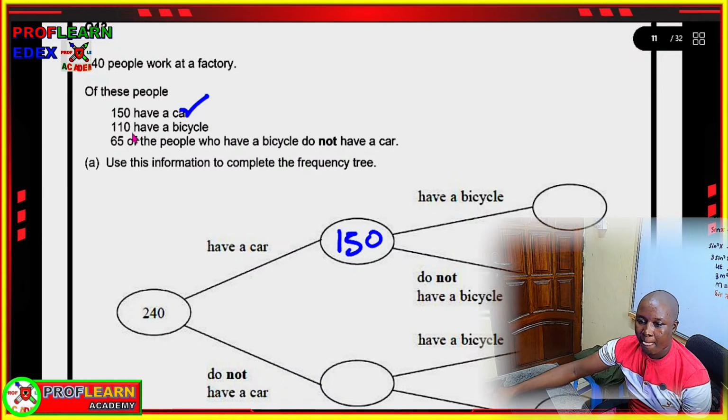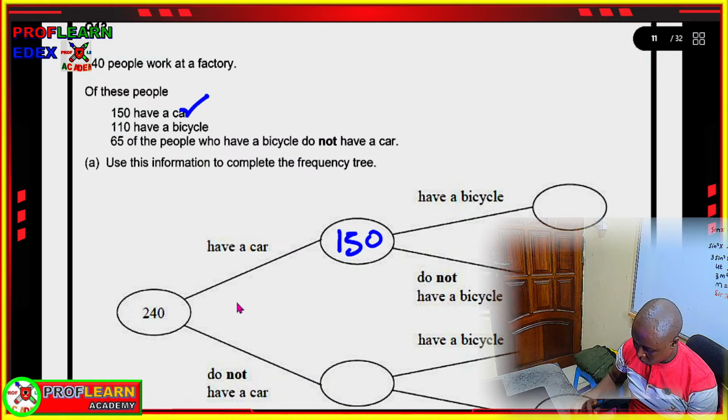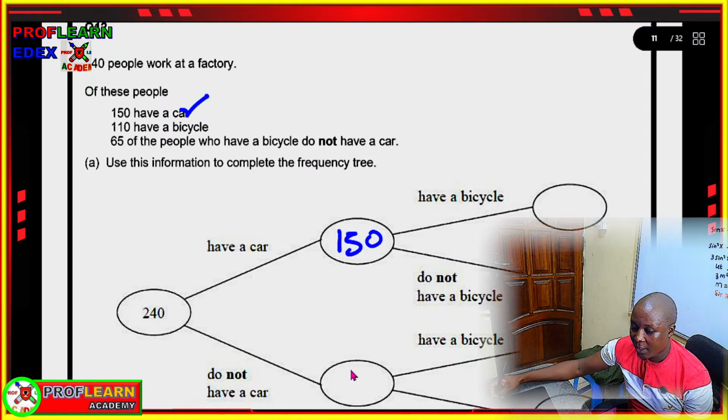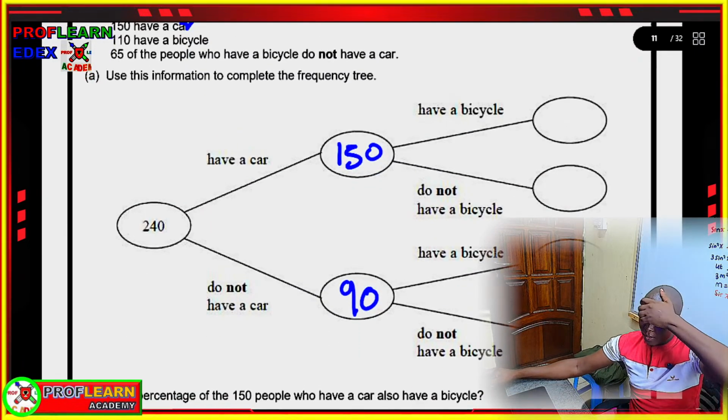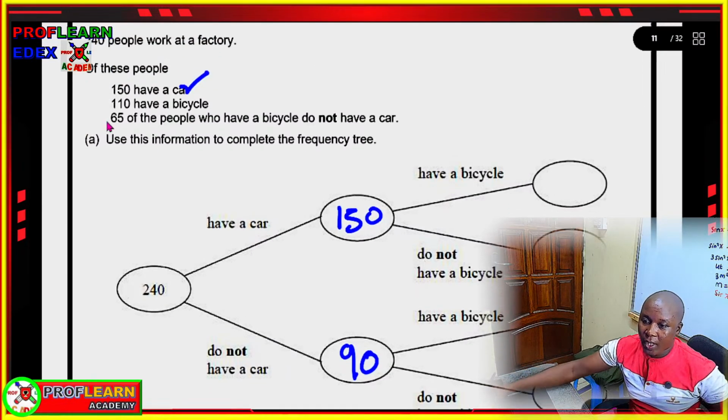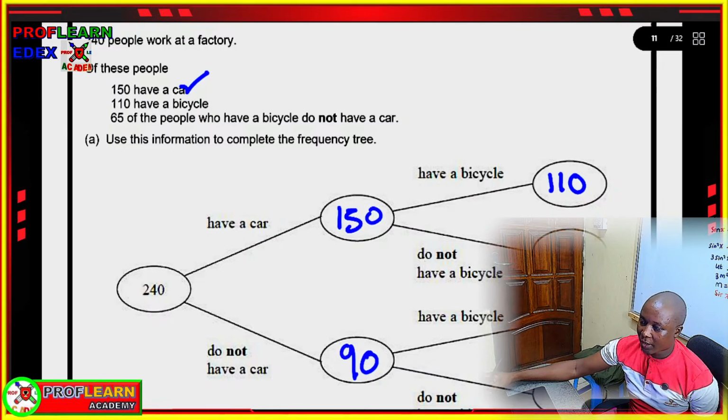Those that do not have a car will be 240 minus 150, and then we shall have 90 people who don't have a car. 110 have a bicycle, and those that don't have a bicycle are 40 people.